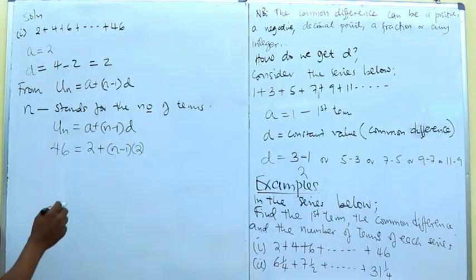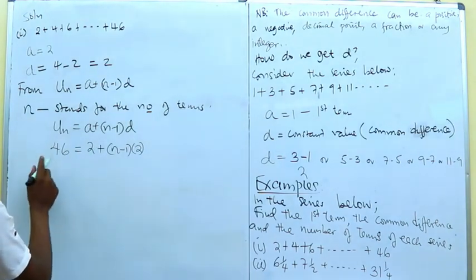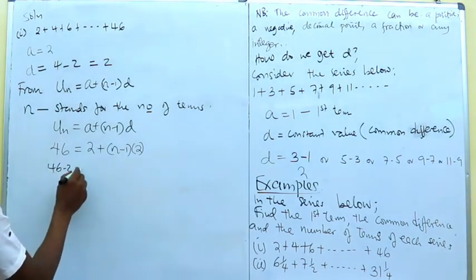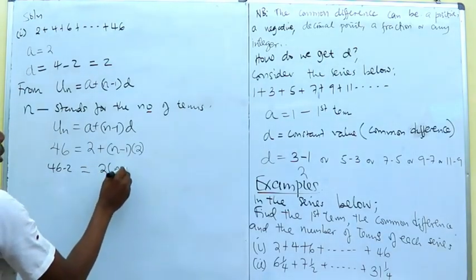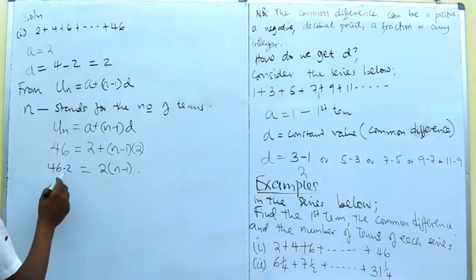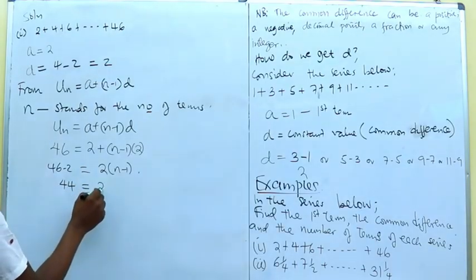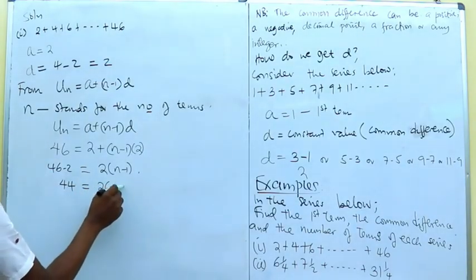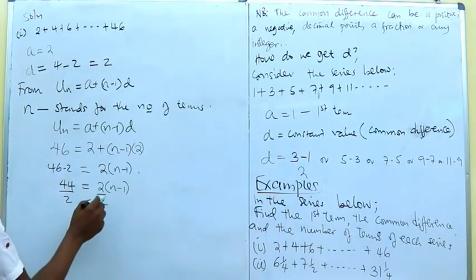So you can see that I can start by taking the 2 this side. We have 46 minus 2 is equal to 2 into n minus 1. So 46 minus 2 gives you 44. 44 is equal to 2 into n minus 1. Divide by 2, divide by 2.